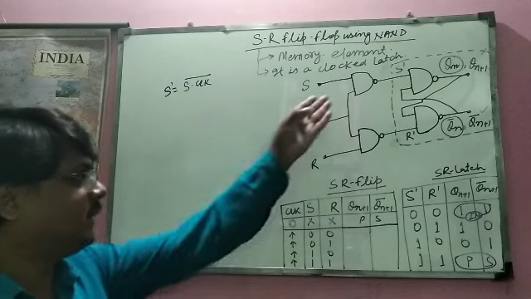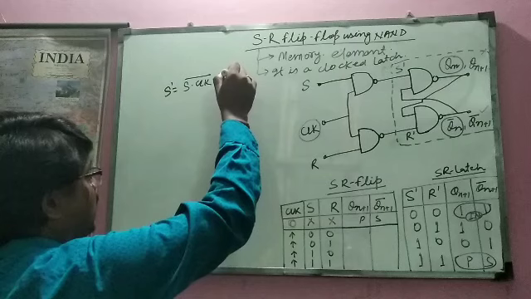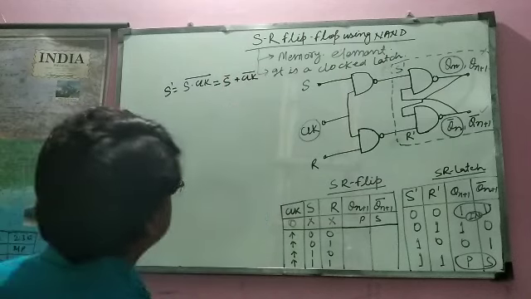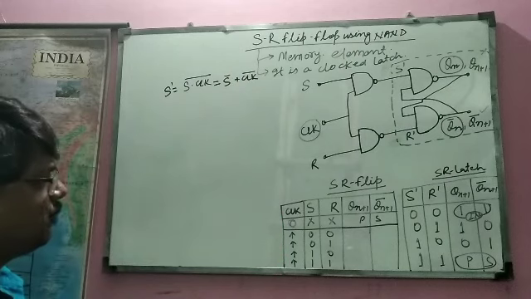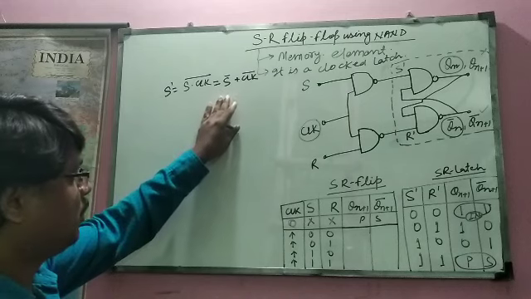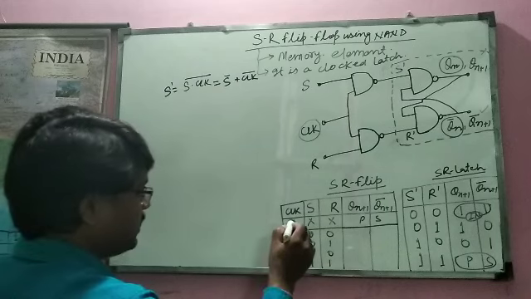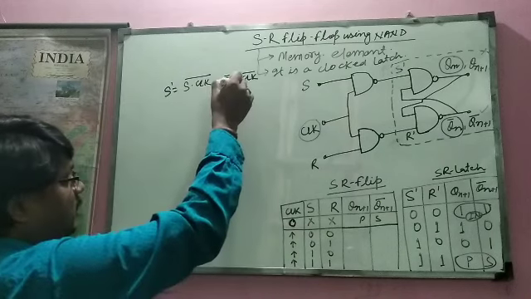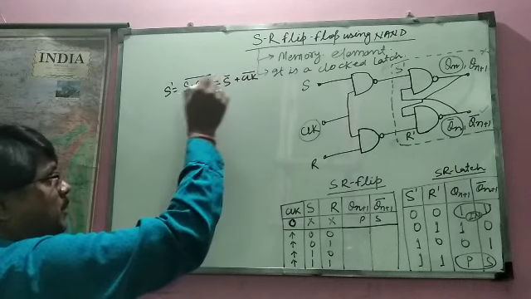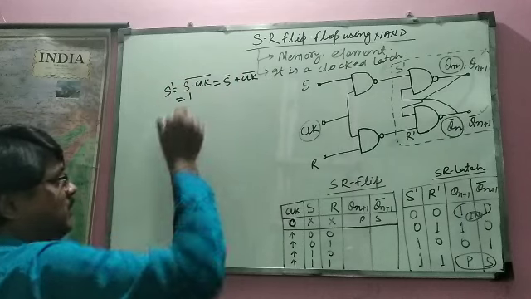By using De Morgan's law, it will be S bar plus clock bar. If the clock is 0, the bar of 0 will be 1, so S bar plus 1 will be equal to 1.